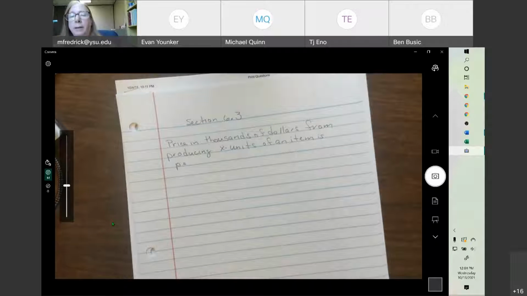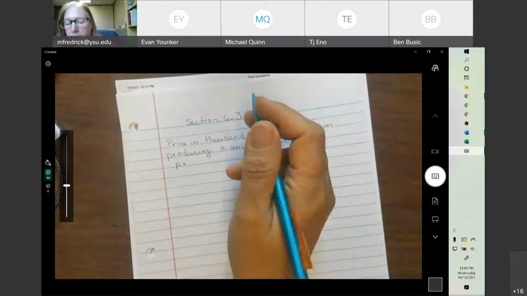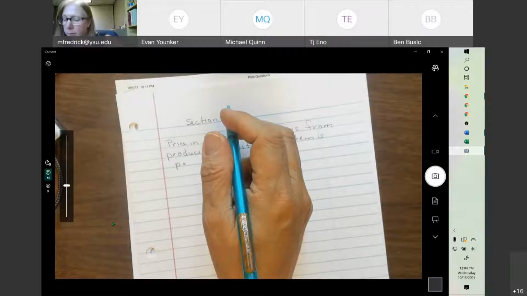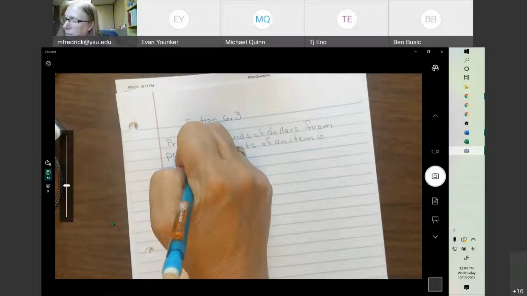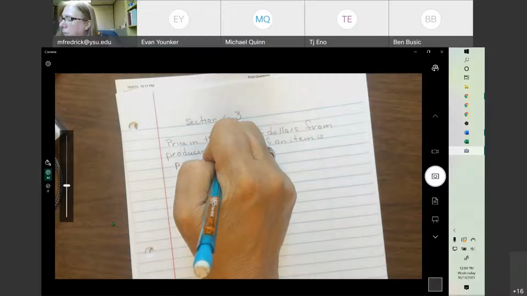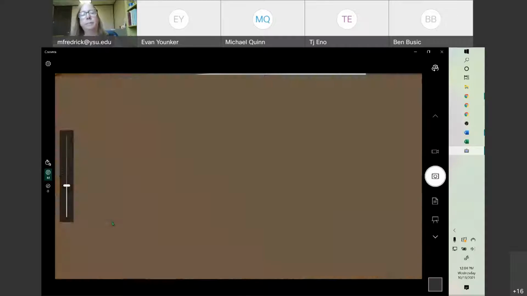Profit is usually P of x, and it's a capital P. But when it's a lowercase p, it's price. $10 minus 0.002x.